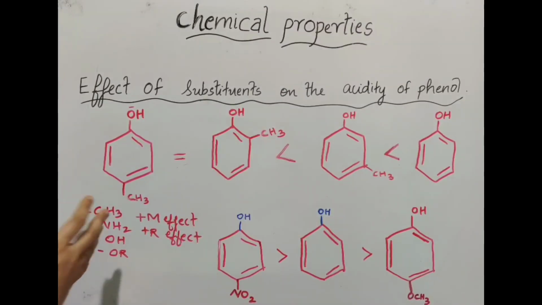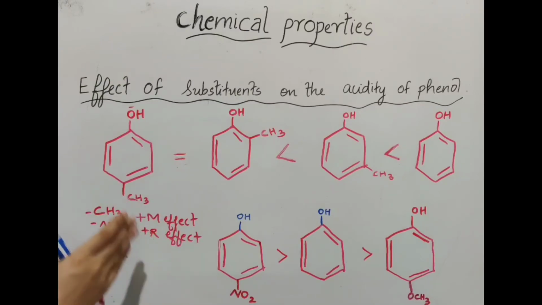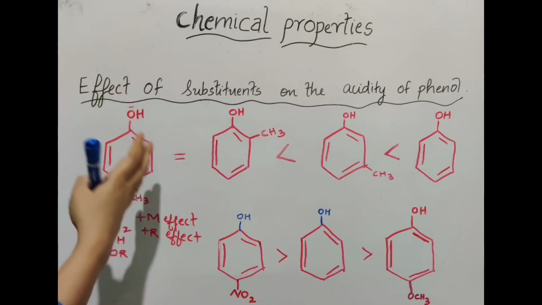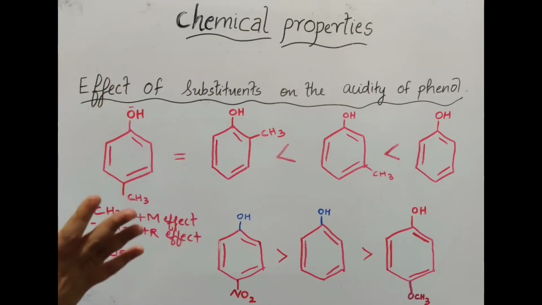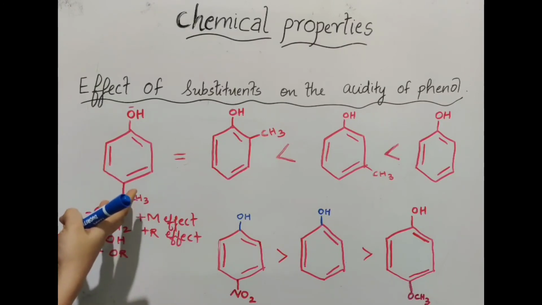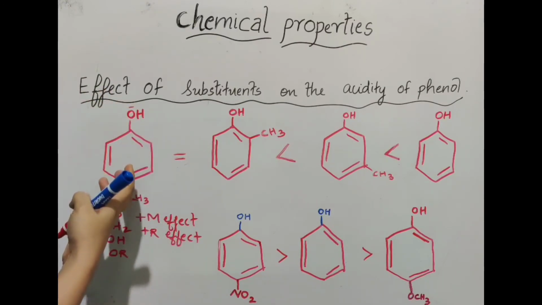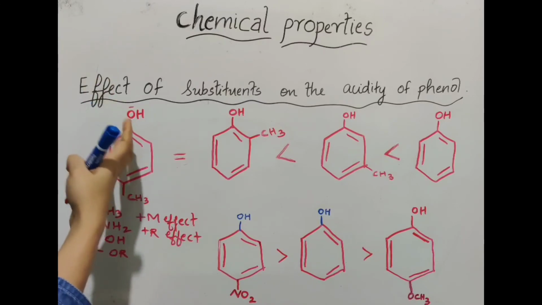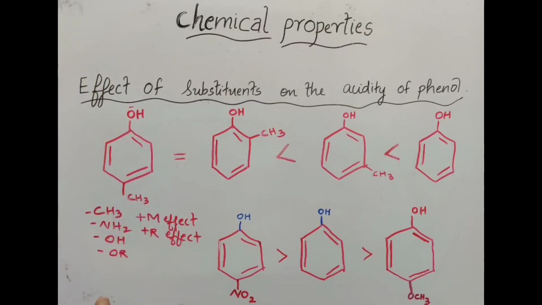Now next we are discussing one important point: for the CH3 group, due to plus I effect, the acidity of phenol is decreased. That is, if a CH3 group is present as a substituent, the acidity of phenol is reduced.